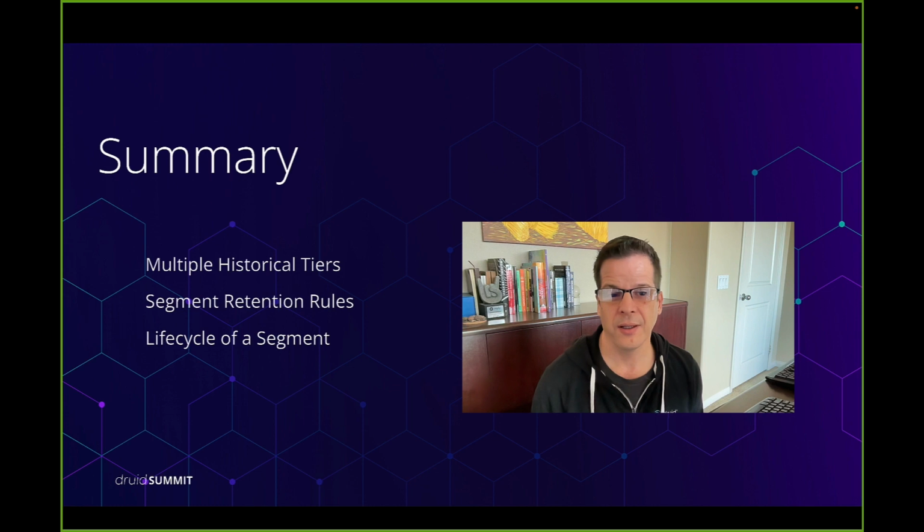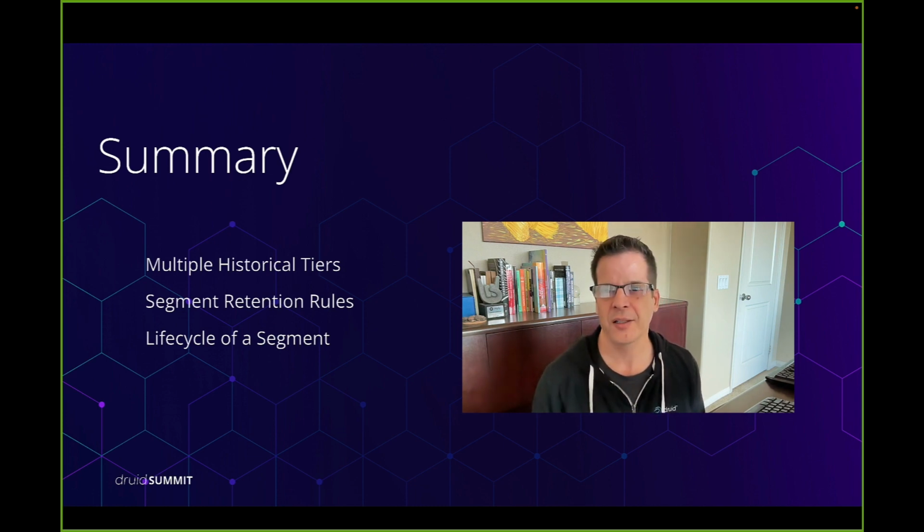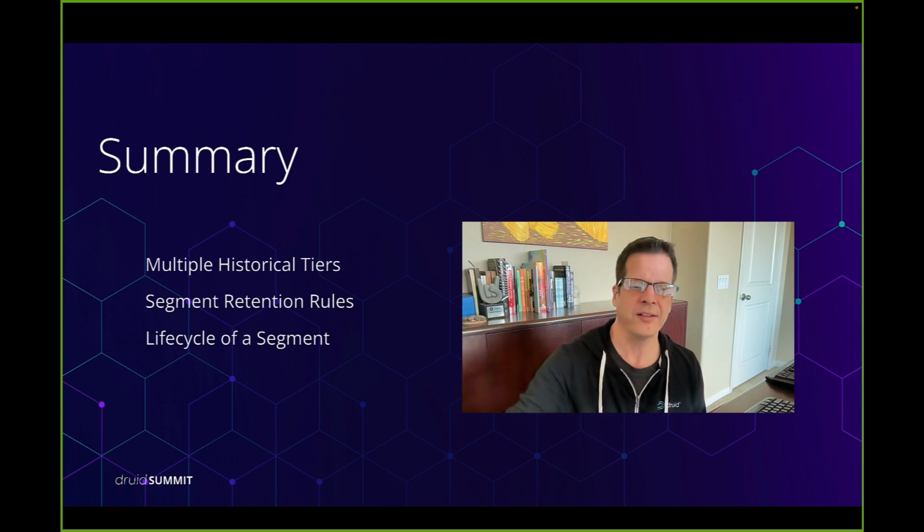We also talked about segment retention rules and how you can define them to migrate the segments by period from one tier to the other, and also to just being queryable from deep storage. And we talked about the overall life cycle of a segment given a set of rules.